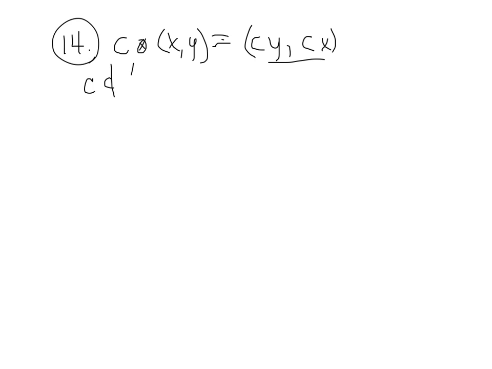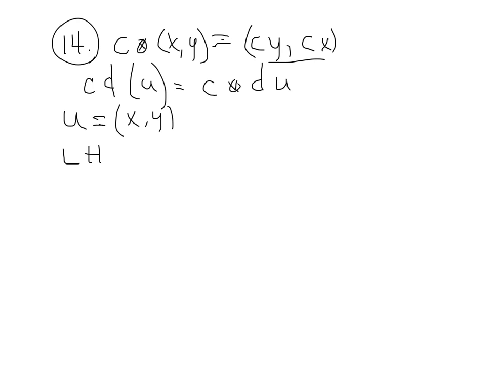d times u is supposed to be equal to cd times u. Well, if u is our standard, let's instead of u1, u2, let's just make it our xy. So let's do our left-hand side.